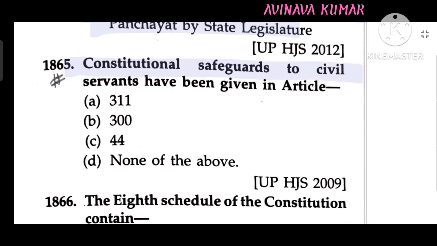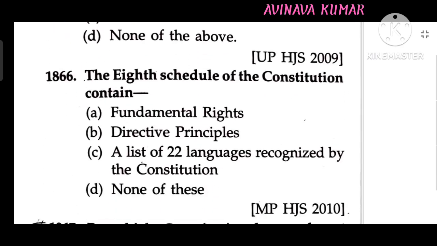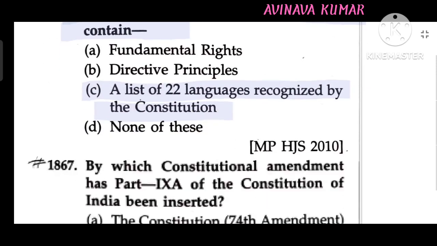Constitutional safeguards to civil servants have been given in Article 311. The 8th Schedule of the Constitution of India contains a list of 22 languages recognized by the Constitution of India.